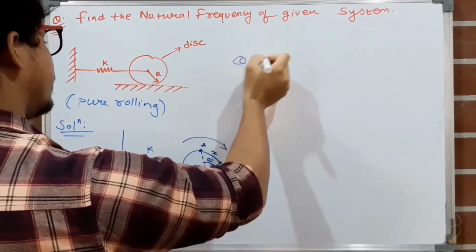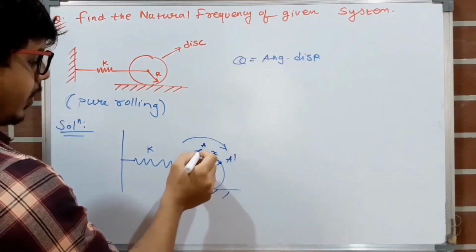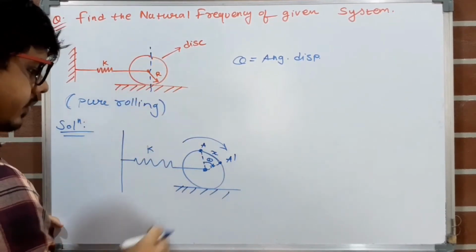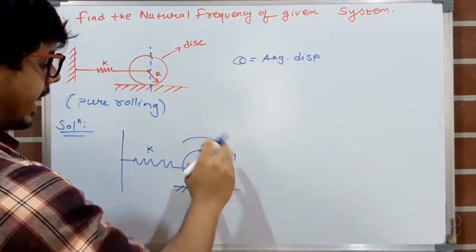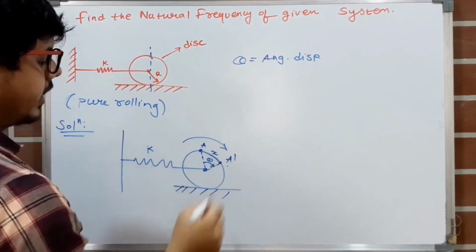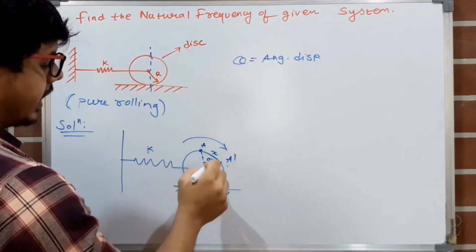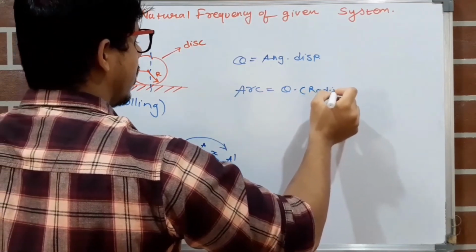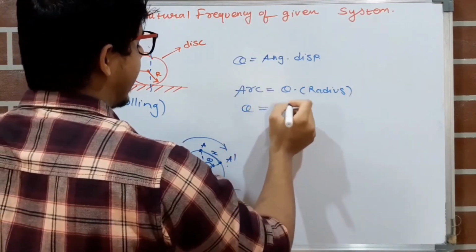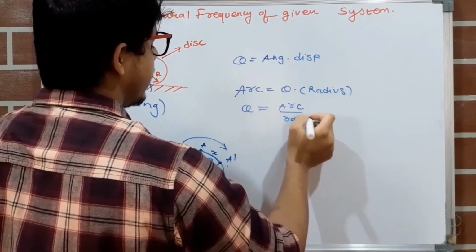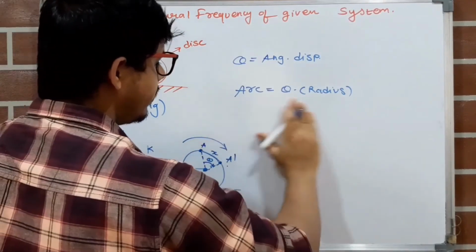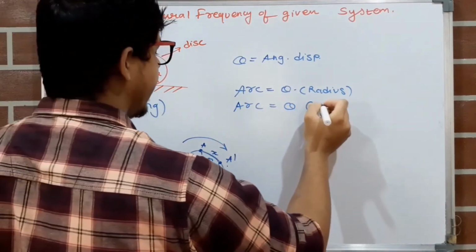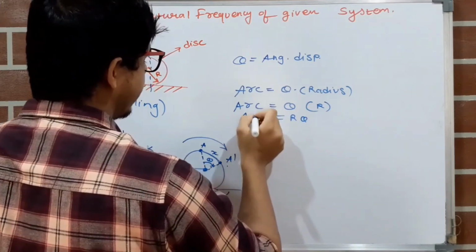Let theta equal the angular displacement. If this point A is here in the mean position of this roller, then when we rotate the roller by an angle theta, point A will go to A dash, subtending an angle theta. We know that arc length equals theta into radius. The radius is r, so arc equals r theta.